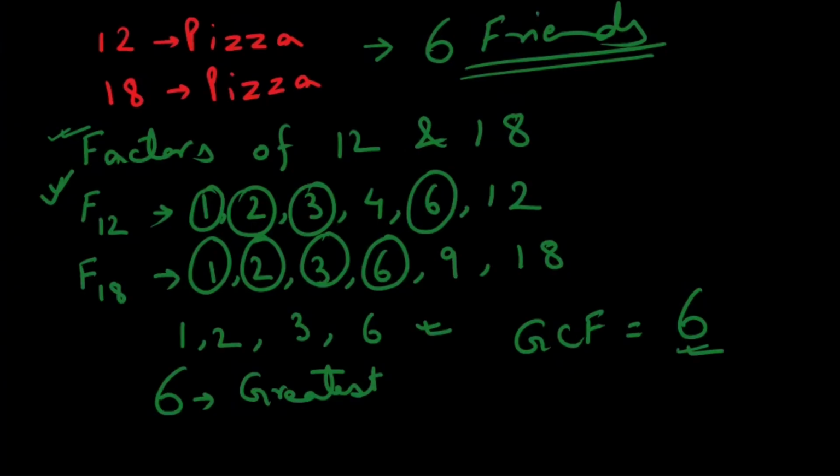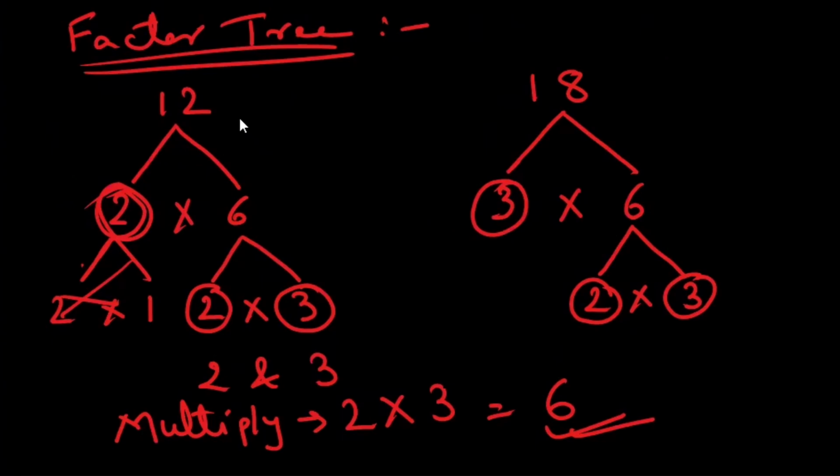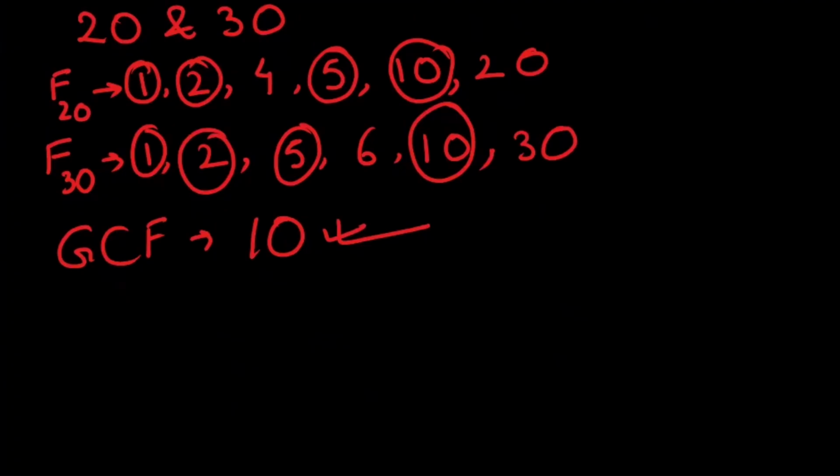And we learned another method also, that was the factor tree method. I hope it's clear to everyone what is GCF, how we can find the factors, and how we can find the greatest common factor. I'm really proud of you all today. You all did amazing. Now you can find factors, find common numbers, and choose the greatest number.